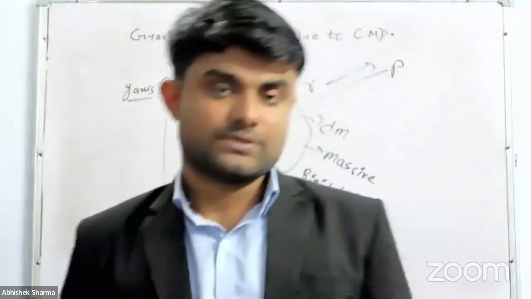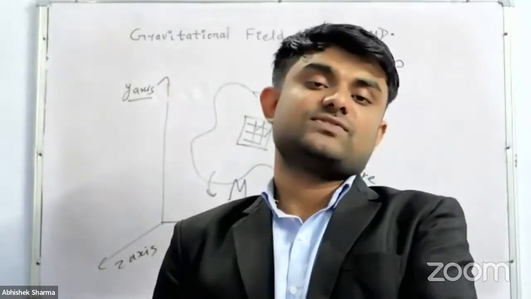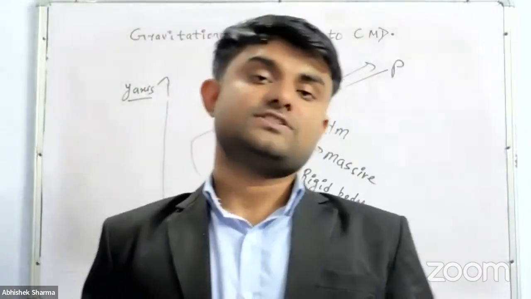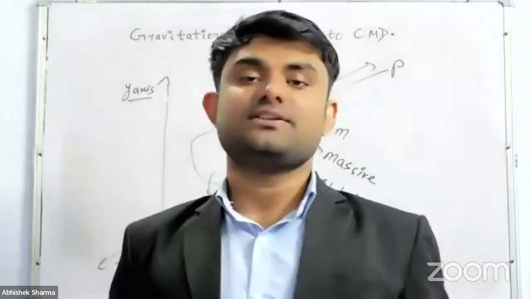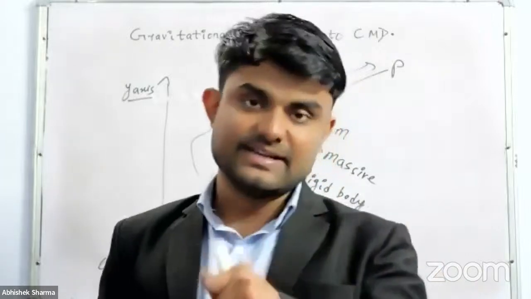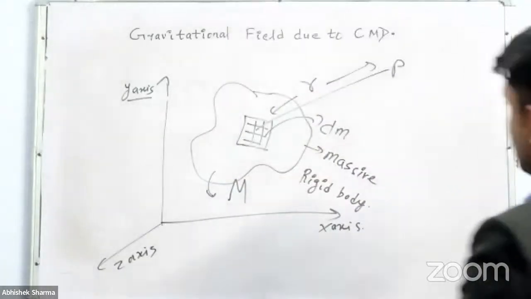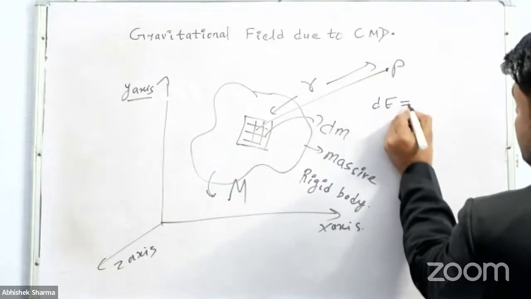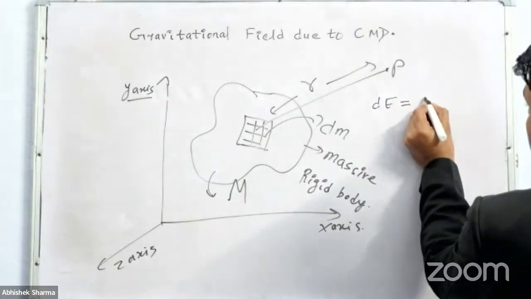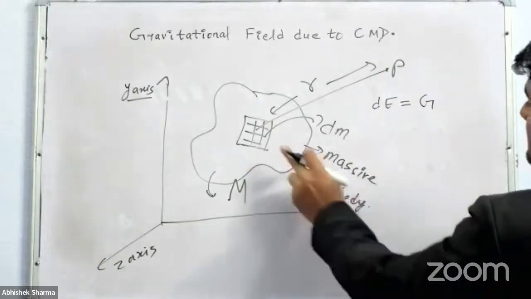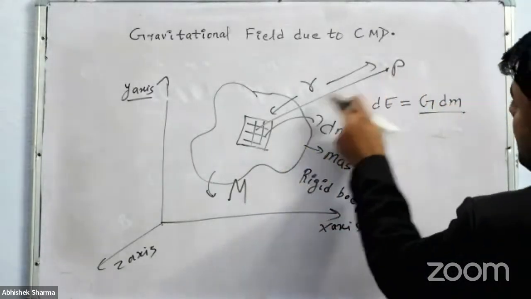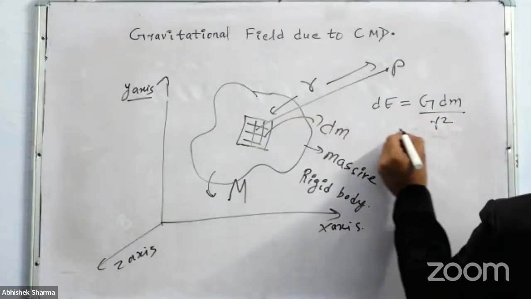Your first generalized strategy is to take a dm mass on this. First you find a small gravitational field strength due to this dm mass. The expression is G dm upon R square.